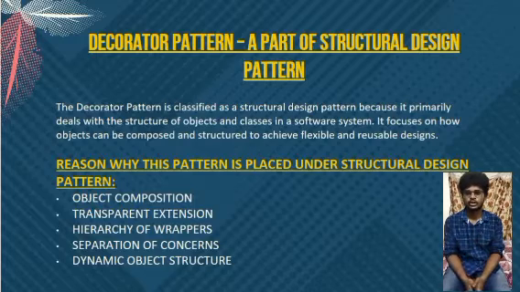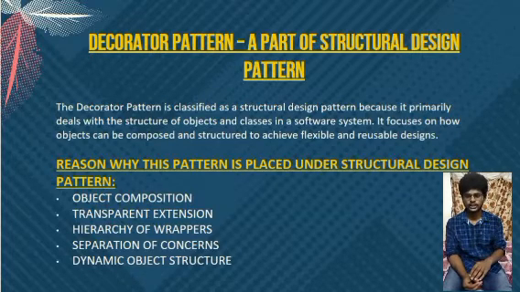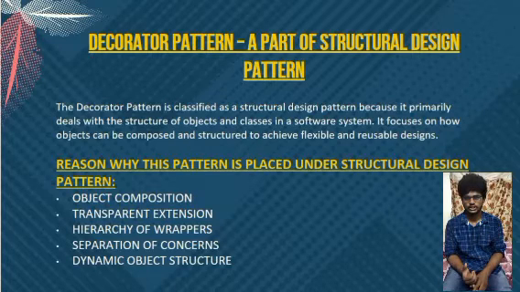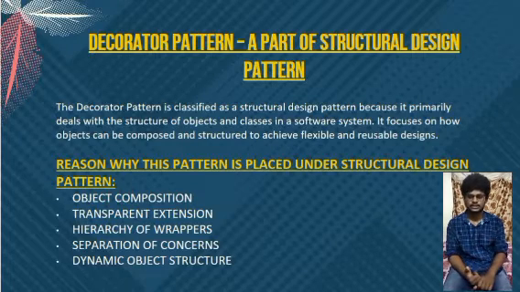Okay, let's go into detail. First one, object composition. Object composition means allowing composition of objects, allowing to have multiple layers of functionality. Next we go to the second one. Second one, transparent extension.